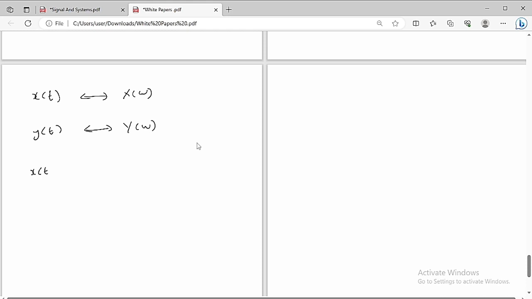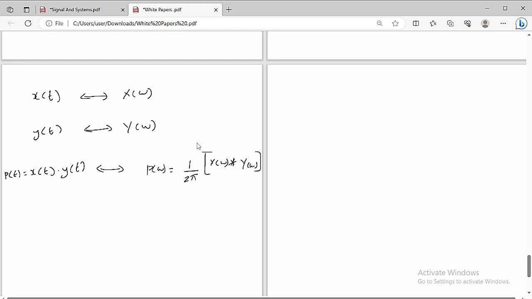Then the product x of t into y of t in the time domain relates to the convolution in the frequency domain. Suppose this product is p of t, then this is P of omega, and P of omega is equal to 1 by 2 pi times the convolution of X of omega with Y of omega.